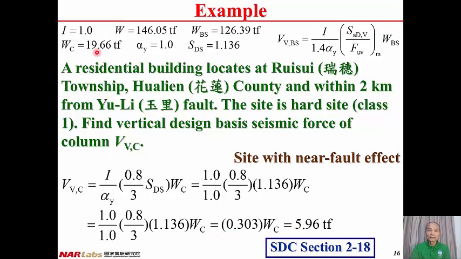When WC, 19.66, is substituted into this equation, VVC equals 5.96 ton force. Therefore, the vertical design basis seismic force of the column equals 5.96 ton force, according to Seismic Design Codes, section 2-18.